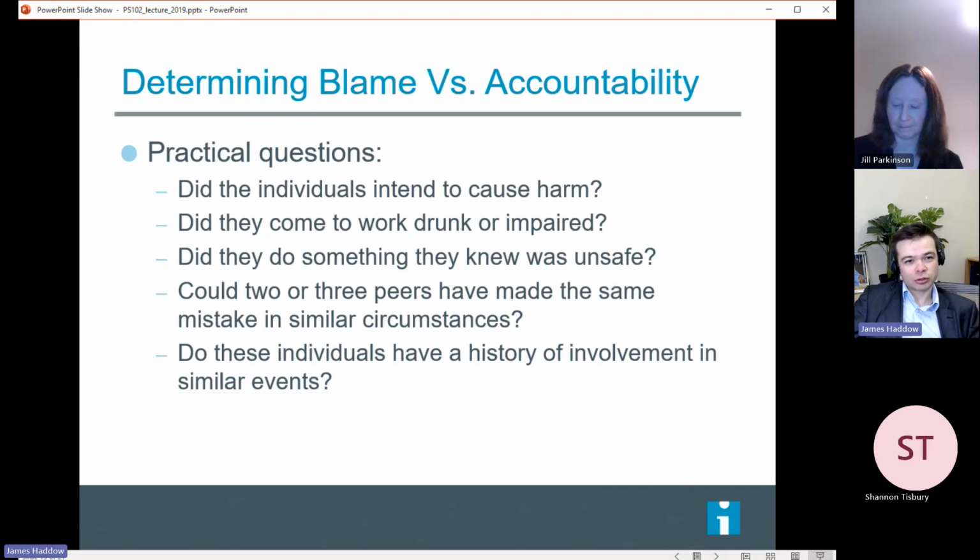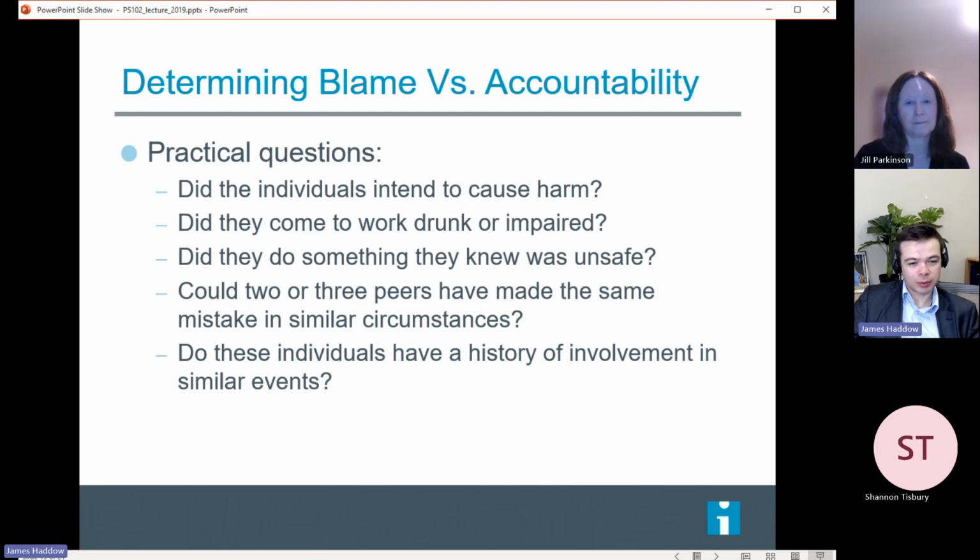That leads us on to blame versus accountability, which is always the real problem in patient safety work, because it's probably inherent in human nature to look for blame and accountability when things go wrong, and it's probably the one thing that makes patient safety work so difficult.